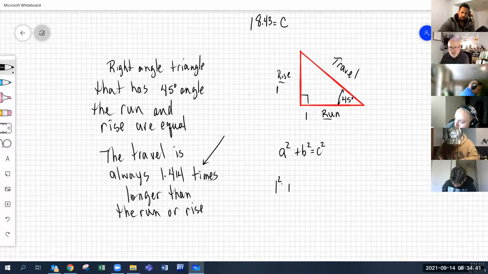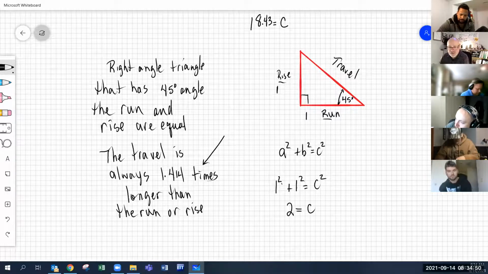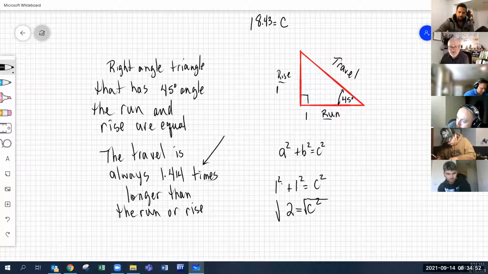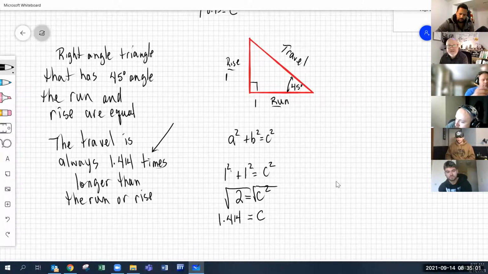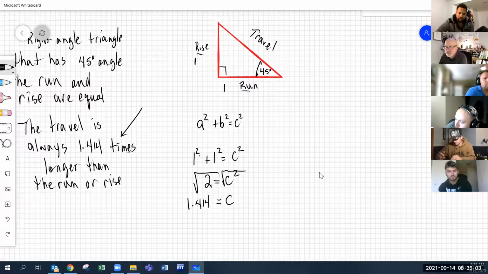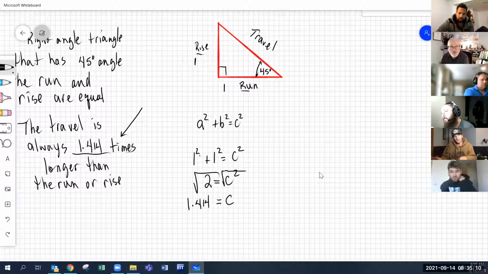So that's going to be 1 squared plus 1 squared is equal to c squared. 1 squared is 1, 1 squared is 1, so it's going to be 2 equals c squared. And if we do square root, that means c is equal to 1.414. So we have this all the time, that in a right angle triangle, the travel is always 1.414 times longer.